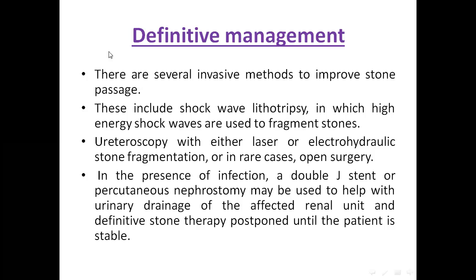So ureteroscopy with either laser or electrohydraulic stone fragmentation is the best protocol for this patient. Sometimes we need placement of a double J stent, or a percutaneous nephrostomy may be used to help the urinary drainage of the affected renal unit while the definitive stone therapy is postponed until the patient is stable.